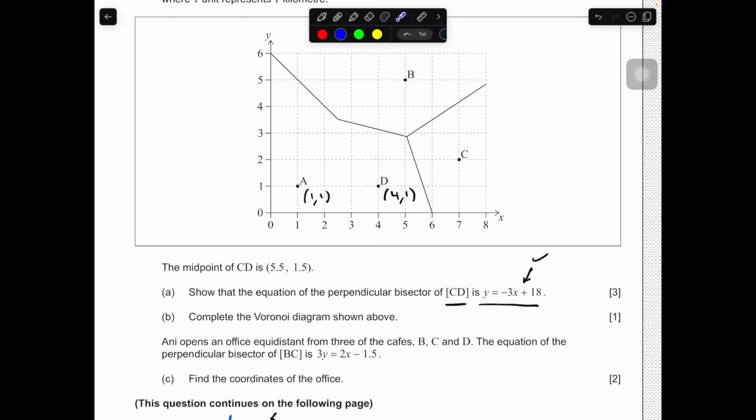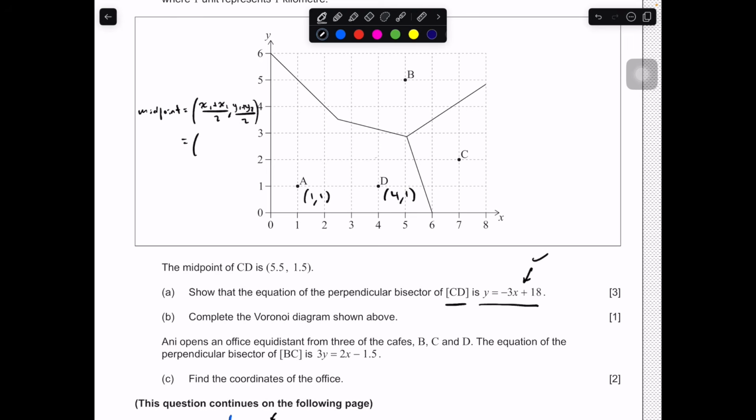Since these have the same y value, they both have a y value of 1, our boundary line is just going to be halfway through here, and it's going to be a vertical line. So we can find the midpoint, and the midpoint formula is x1 plus x2 over 2, and then y1 plus y2 over 2.